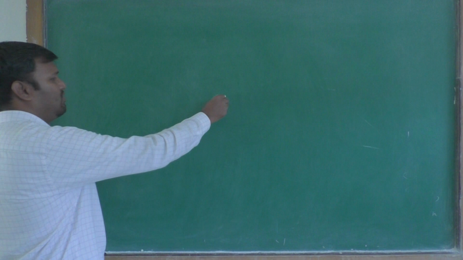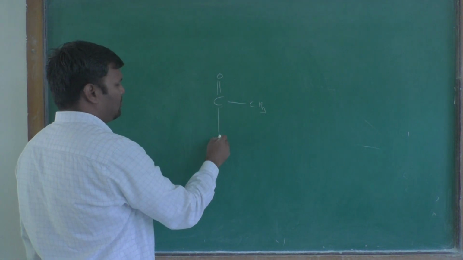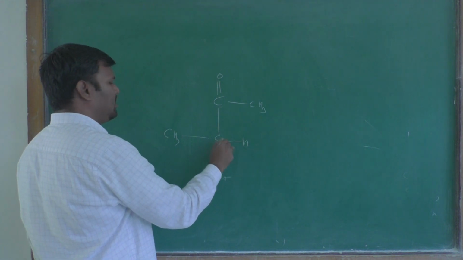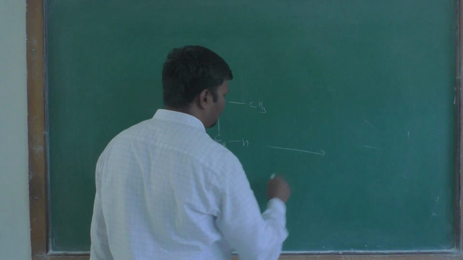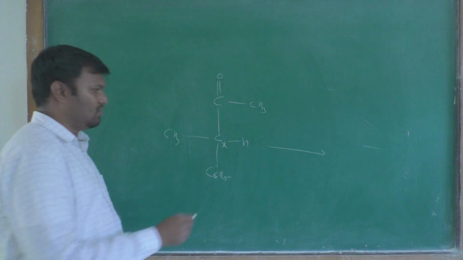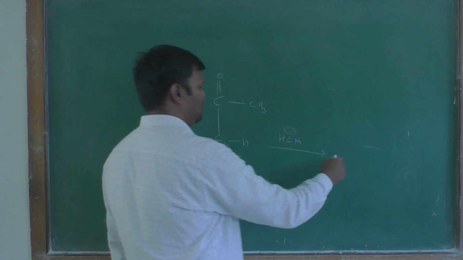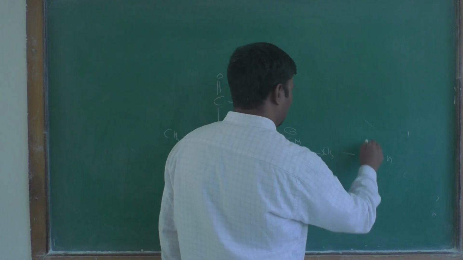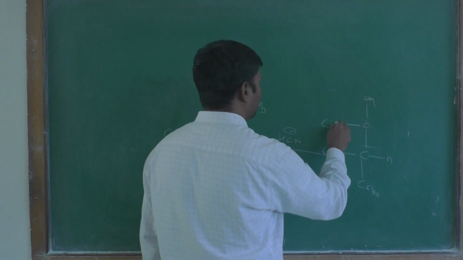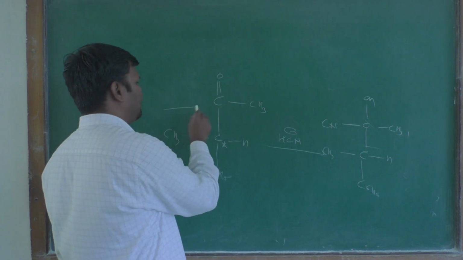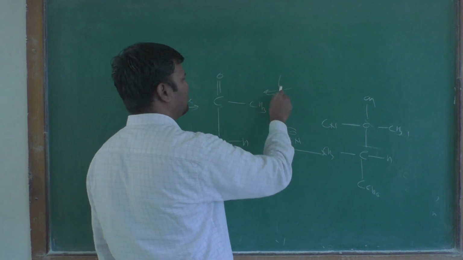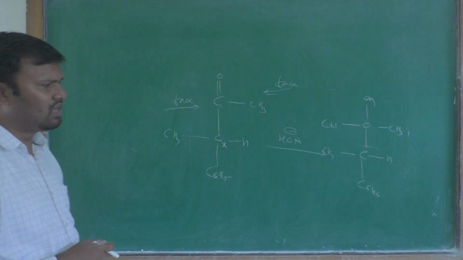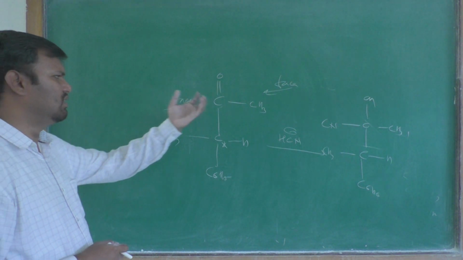Another type of example we have: COCH3. In this case also there is a stereogenic center or chiral center, and when you use HCN as the nucleophile, you obtain a new stereogenic center, so two stereogenic centers. Therefore the first face and the second face, the front face and the back face, are called diastereotopic faces.